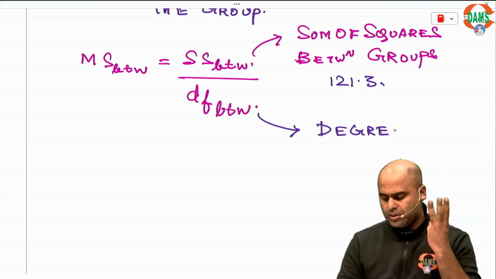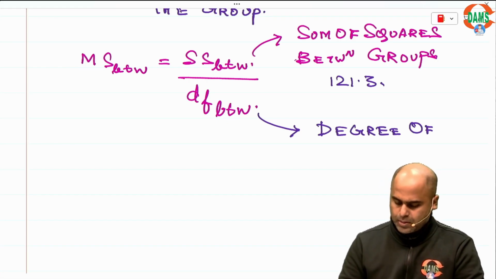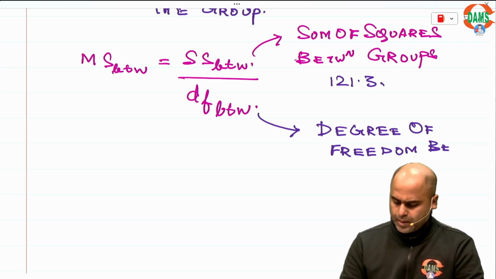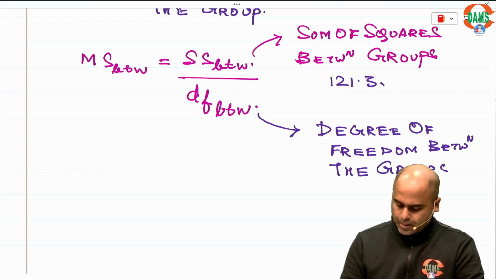There are a total of 3 groups, and we know the degree of freedom is the number of groups minus 1.